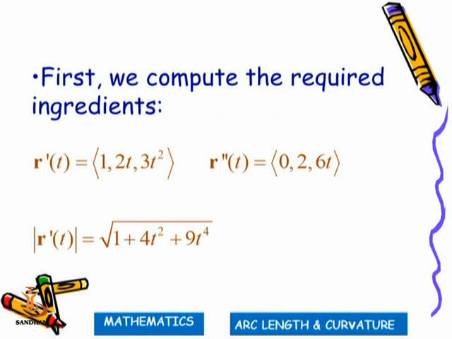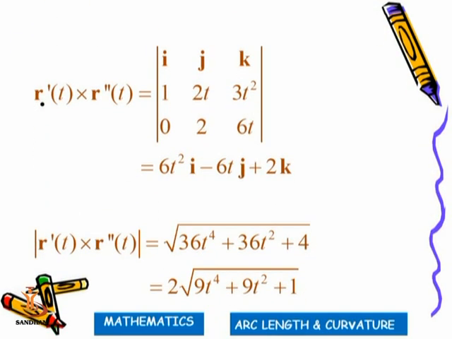Second derivative of 1 is 0, of 2t is 2, and of 3t square is 6t. So |r dash(t)| is the square root of 1 plus 4t square plus 9t raised to 4. We know how to find the cross multiplication, that is our determinant ijk.